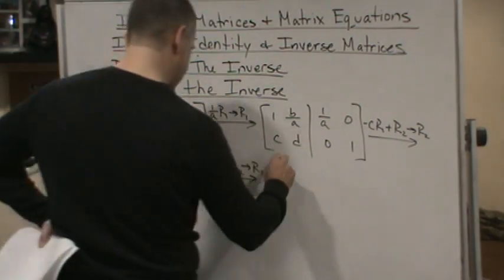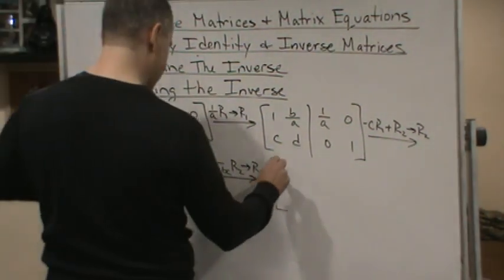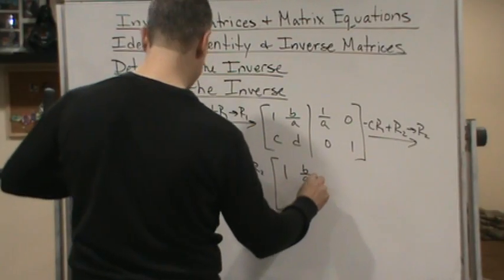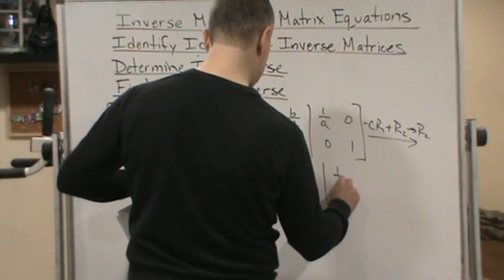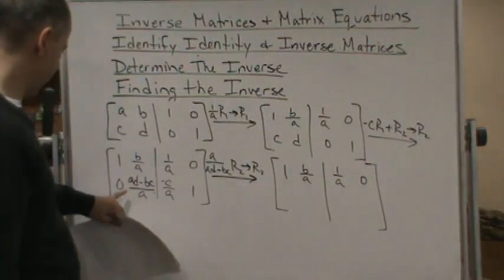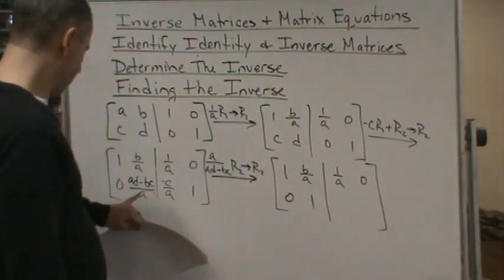Okay, so what does that give us? Well, now the first row is going to stay the same, so that's going to be 1, B over A, 1 over A, 0. And now this is going to be 0, 1.